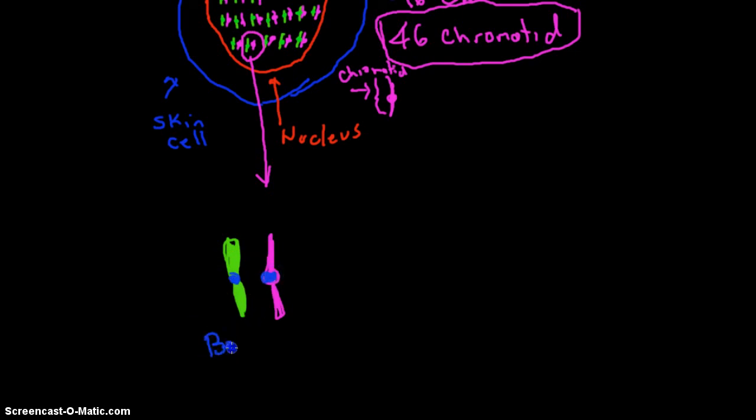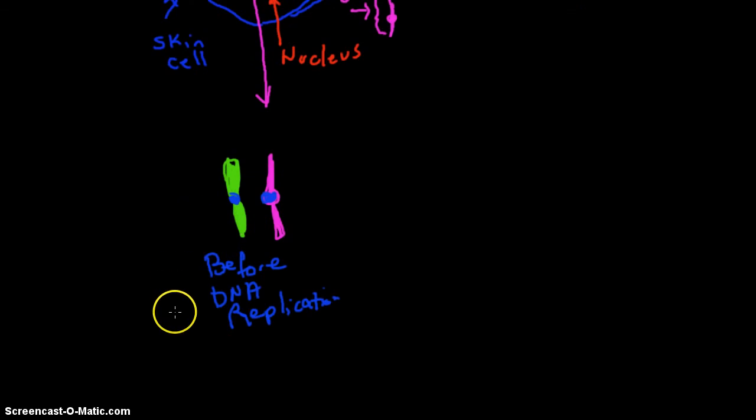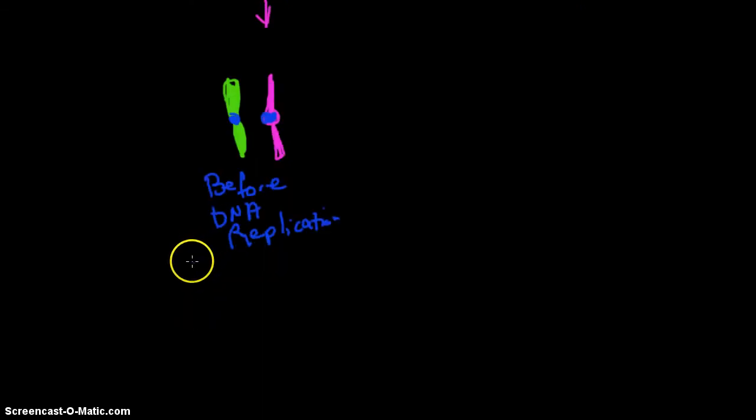So this is before DNA replication. So before DNA replication, we have 23 pairs of chromosomes. Actually, let's not even talk about 23 pairs at the moment. We have 46 chromosomes and 46 chromatids.